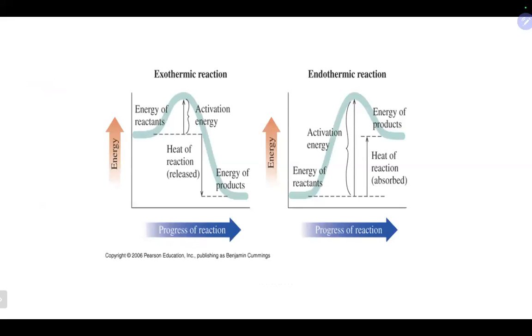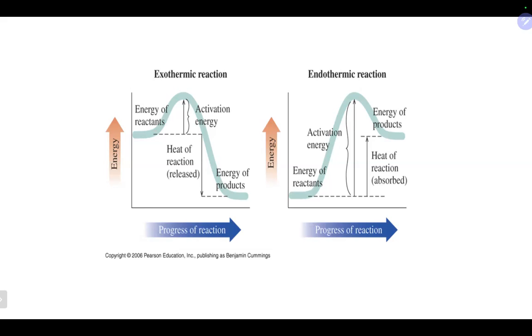Here are two what are referred to as energy diagrams, and energy diagrams are used to display what is happening in a particular reaction in terms of energy. So one is an exothermic diagram and one is an endothermic diagram. So let's take a look first at the exothermic diagram on the left.